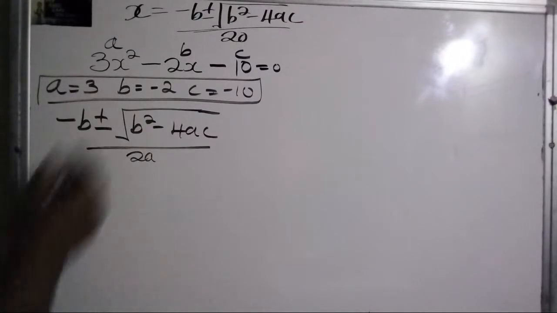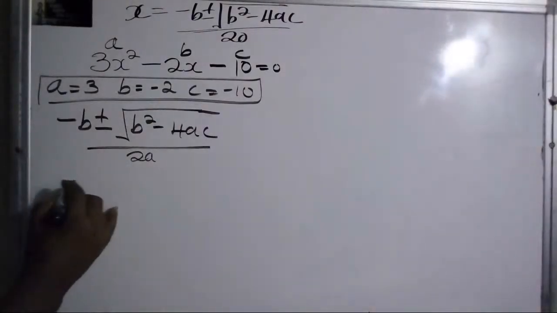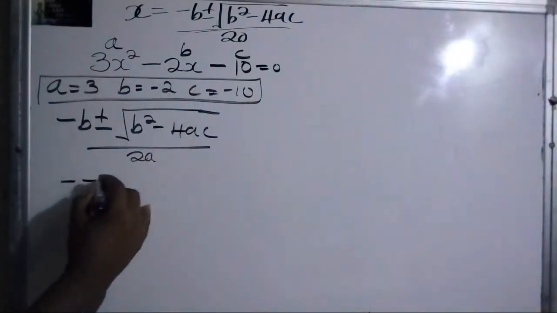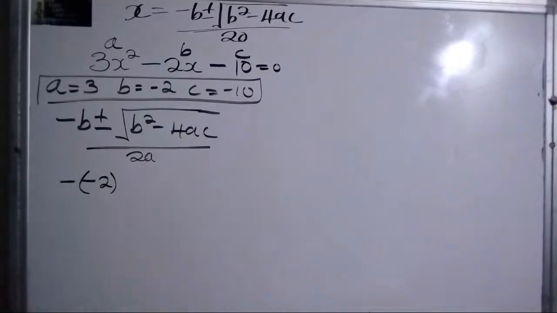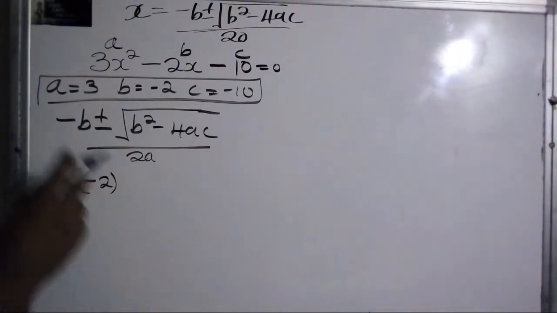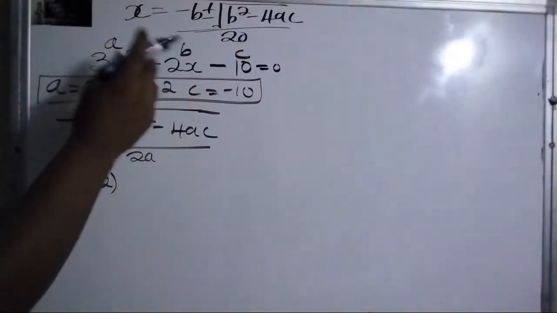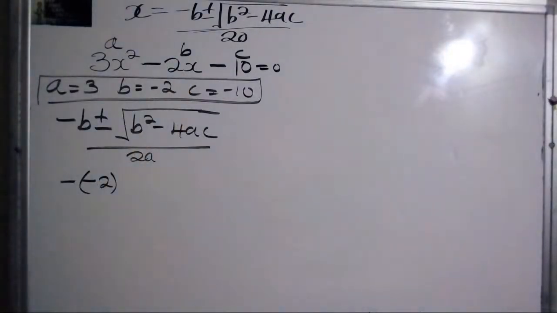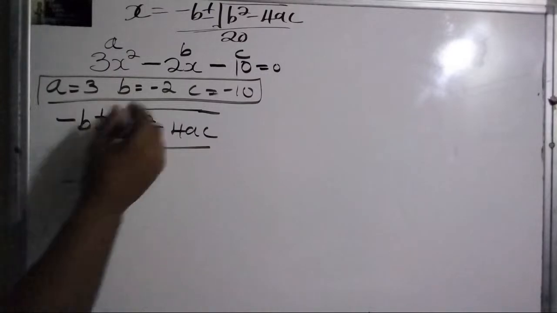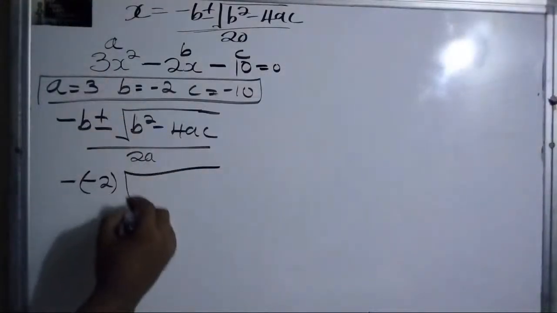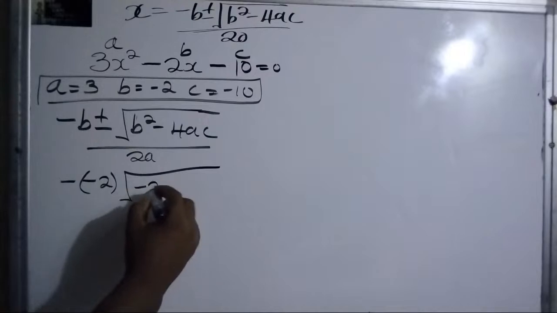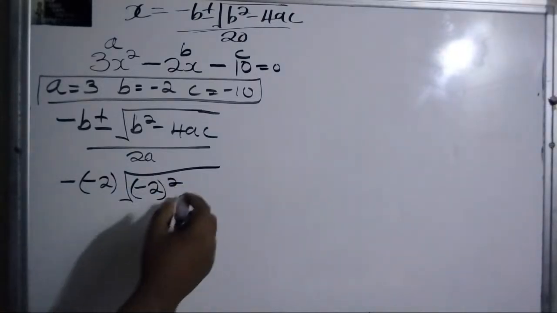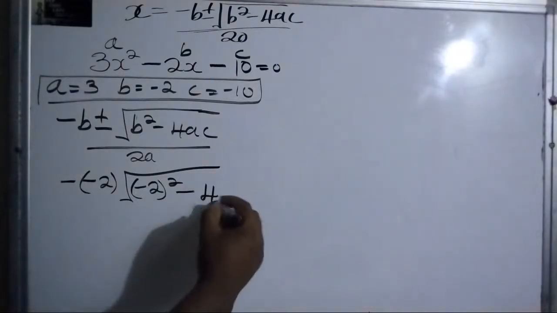So let's go. I say minus b, but b itself is -2, so we put the -2. We don't just put 2 alone because the formula has a minus b, and b itself is minus, so we have to have the 2 with the minus. Alright, let's go now. B squared, so we put it under the square root. B squared means negative 2 squared. Then minus 4 times a.